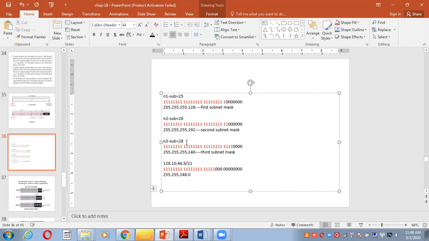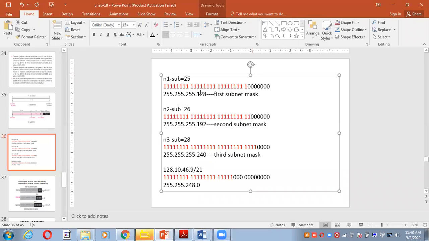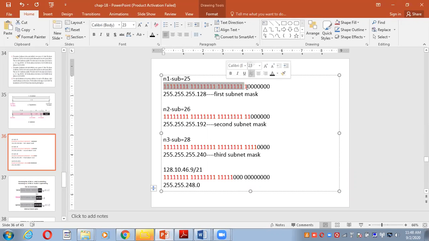You write the binary values this way: 8, 16, 24, and the 25th one. This way you write 25 ones, convert into decimal: 255, 255, 255, and convert this last part into the binary pattern too. After converting here, you get 128. So this is the first subnet mask.